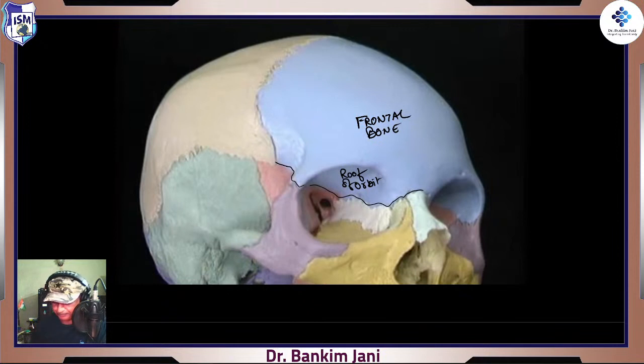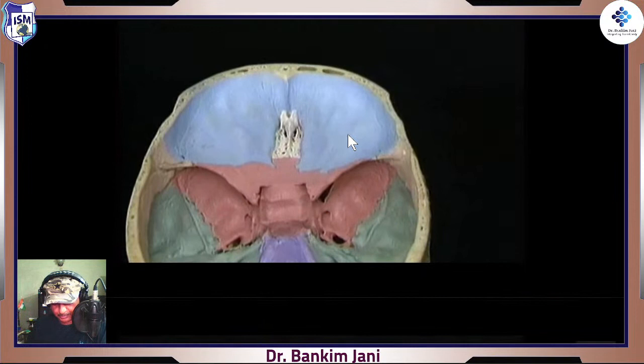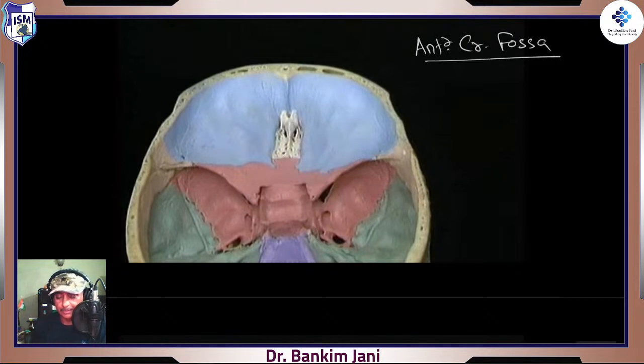So far, so good. Here it is. Now very easy, right? So most of the anterior cranial fossa is formed by this frontal bone. It's by frontal bone.